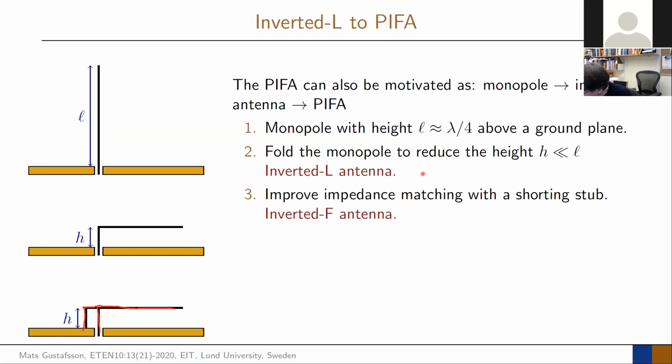So you take these ones and you stretch it out above the ground. You make it into a plane. You make it wider, fatter in some ways. And then it's a planar structure above the ground plane, which looks precisely like what we had before, this patch to PIFA antenna. So we can come to this antenna in two different, basically equivalent ways.